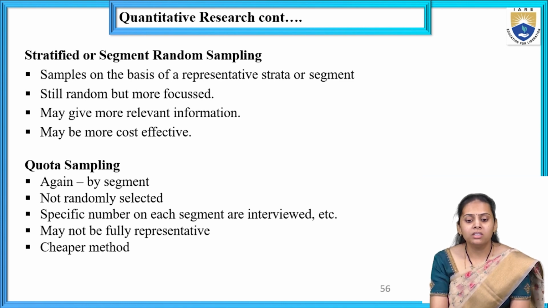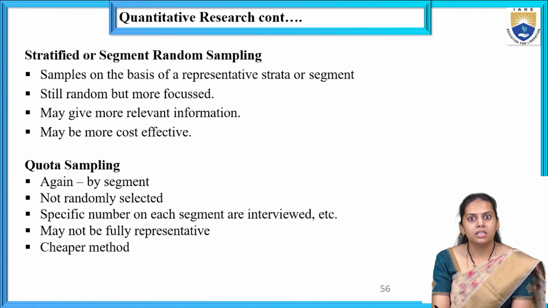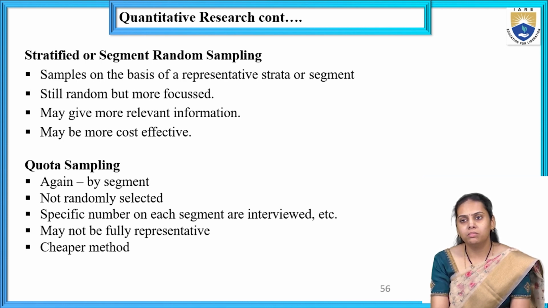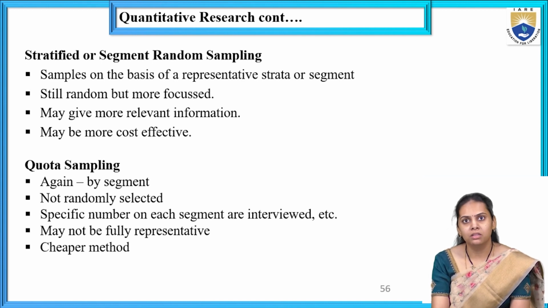Whereas quota sampling is again by segment, not randomly selected. A specific number in each segment are interviewed or surveyed, but it may not be fully representative, and it is one of the very low budget and cheaper methods.